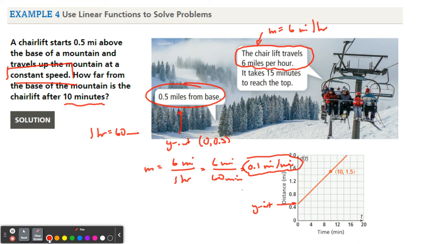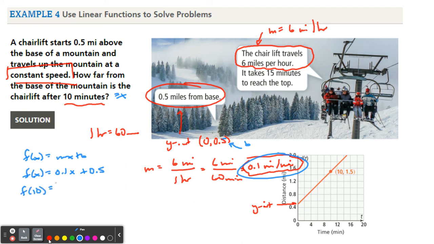And now I want to build my function in slope-intercept form with my slope and my y-intercept, 0.5, my b-value. So again, f of x equals mx plus b. I have my slope, so f of x equals 0.1x plus 0.5. And now my x is time in minutes. So this 10 minutes is your x value. Plug it in. f of 10 equals 0.1 times 10 plus 0.5.